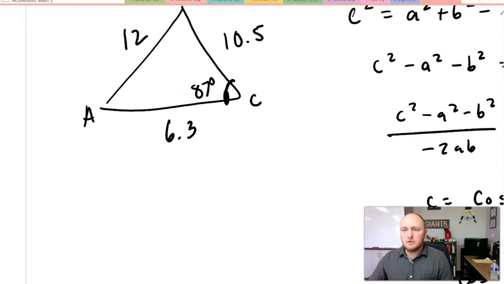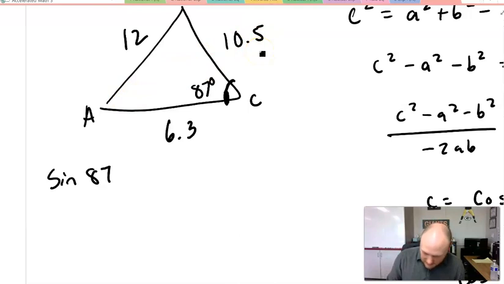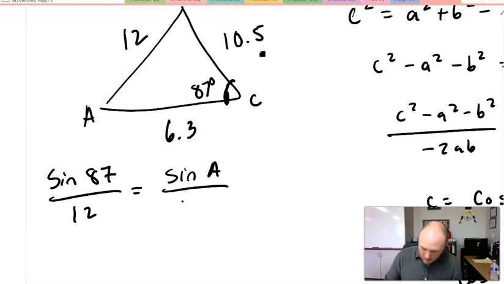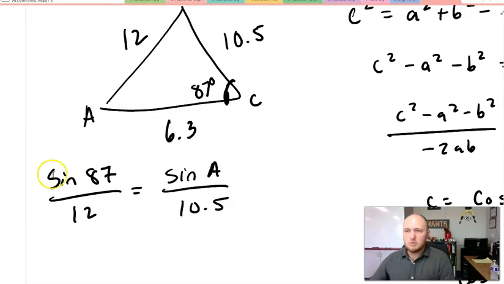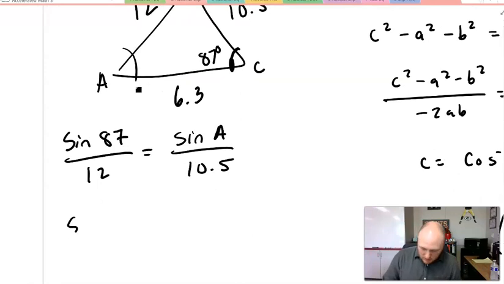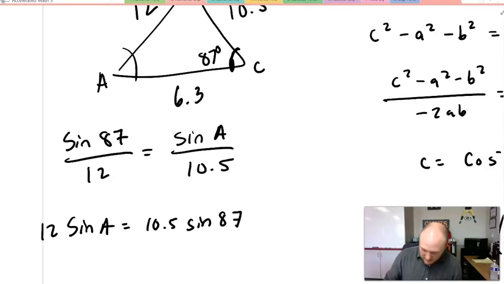Now I'm going to utilize everyone's favorite, law of sines. So I'm going to use sine of 87 over 12 is equal to sine of A over 10.5. Now I'm going to solve for A. I have a relationship, I can utilize law of sines. So 12 sine of A is equal to 10.5 sine of 87.